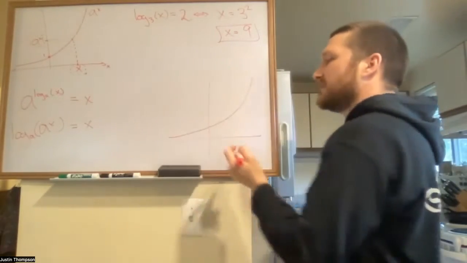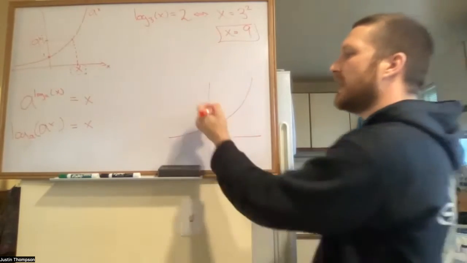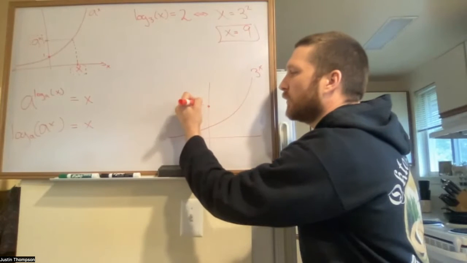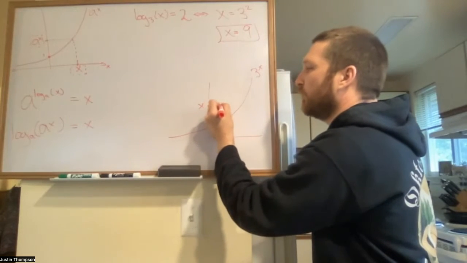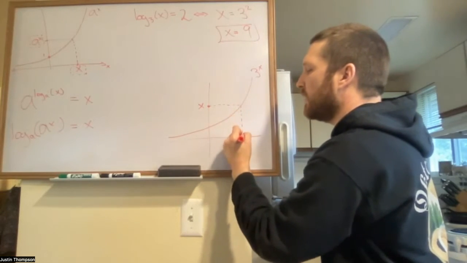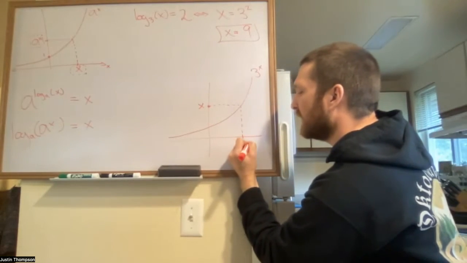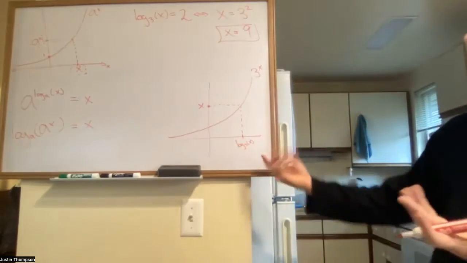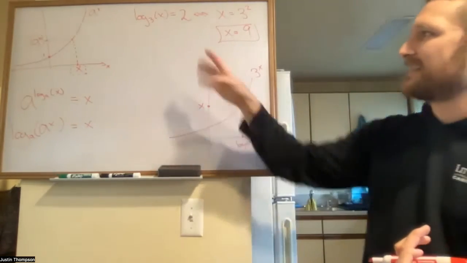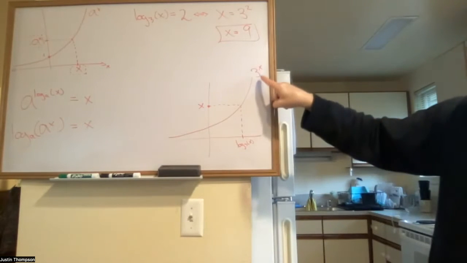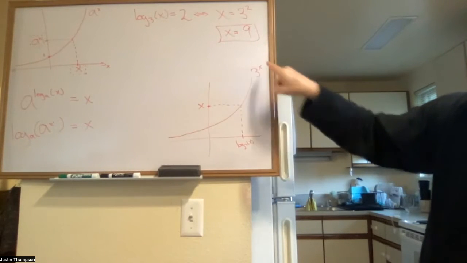You don't need to draw this out, I'm just doing this visually. You had 3 to the x. You had some output, we're calling it x, and you pulled it back with the function log 3 of x, and you got out a 2. Well, if we push it forward, that's how we get our x by itself. But how do you push it forward? You push it forward with a 3 to the x.